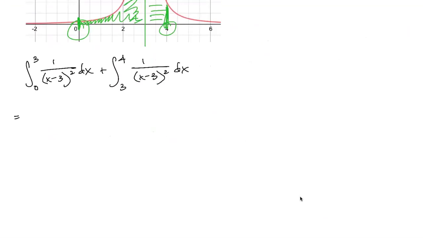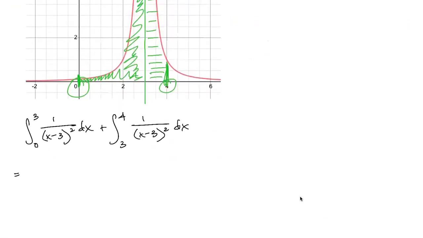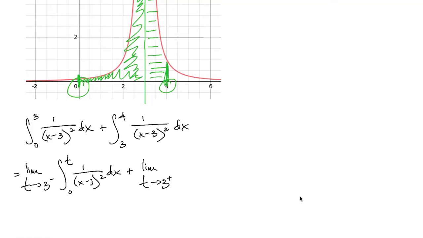Okay. So for the first one, we're looking to approach 3 from the left. So we're going to say the limit as t approaches 3 from the left, from 0 to t of 1 over x minus 3 squared dx, plus the limit as t approaches 3 from the right of t to 4, 1 over x minus 3 squared dx.